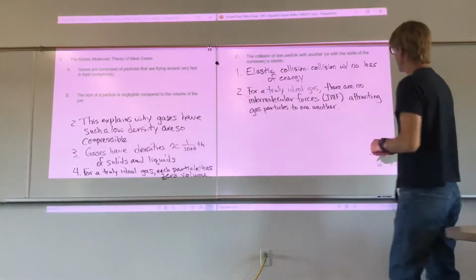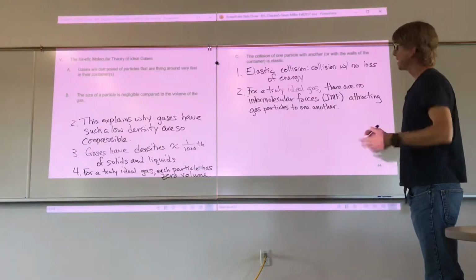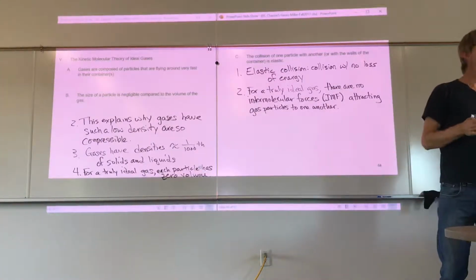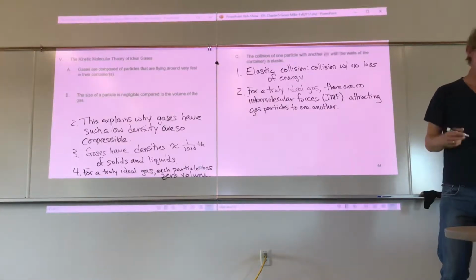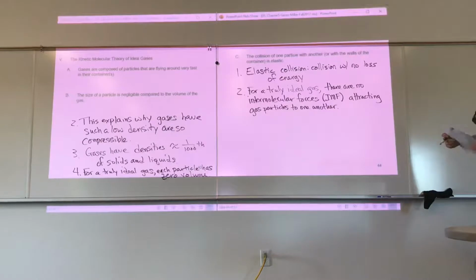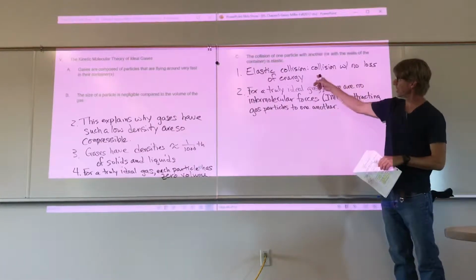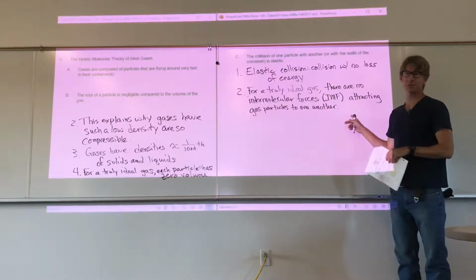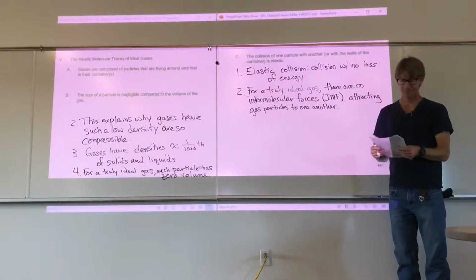So, for truly ideal, there are no intermolecular forces attracting. And the gas particles are moving so quickly that this is true, or this is essentially true. But that's why do collisions occur with no loss of energy? Because gas particles act as if they have no intermolecular forces.